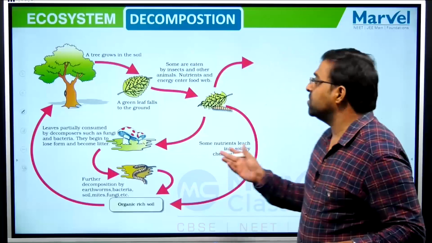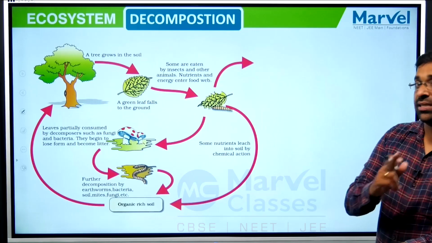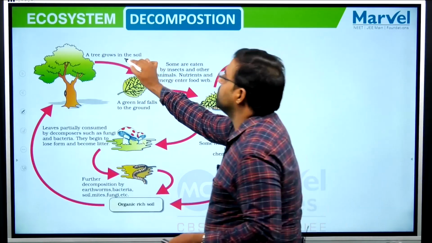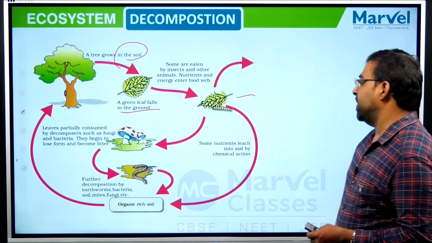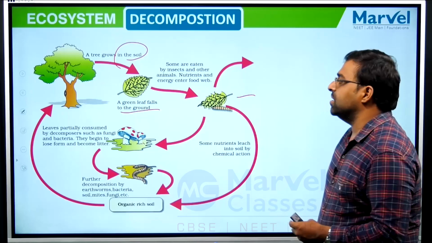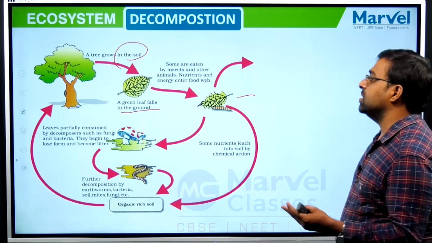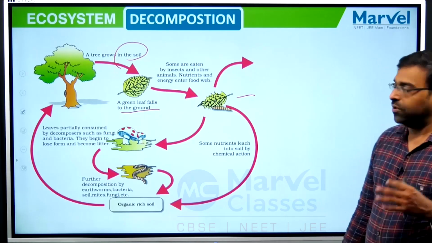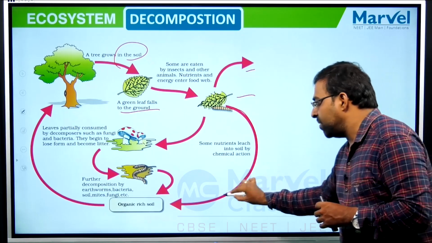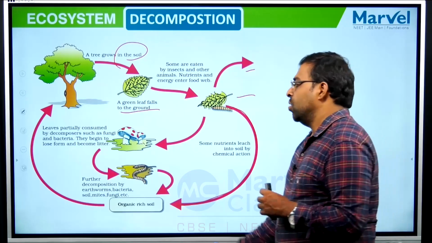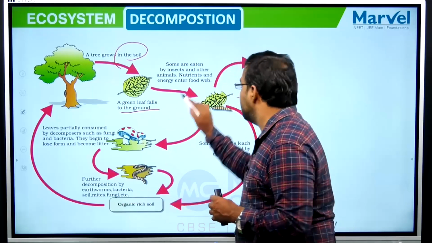So again, you have this food chain, right? This will be there in the NCERT. A tree growing in soil, the leaf that falls off has been eaten by some insects and other animals. Nutrients enter the food chain or food web. Some nutrients are leached by chemical action. Furthermore, it is organic rich soil.